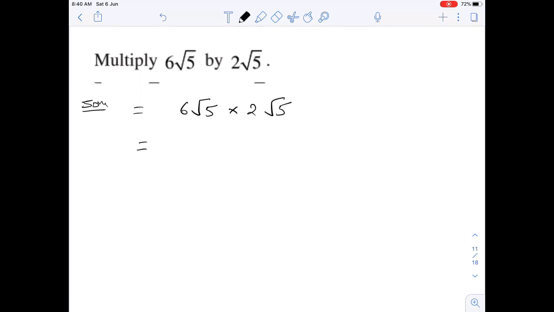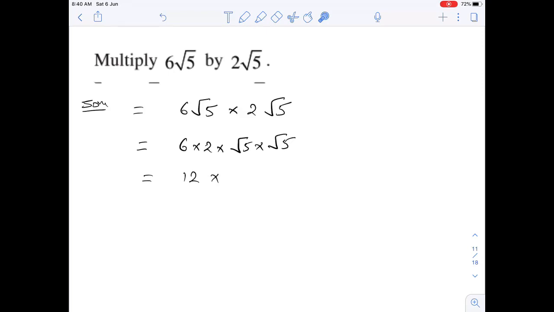In multiplication, this 6 will multiply to 2 and this root number will multiply to this root number, so it can be written as 6 into 2 into root 5 into root 5. Now 6 2s are 12.